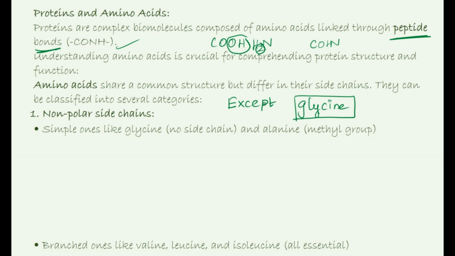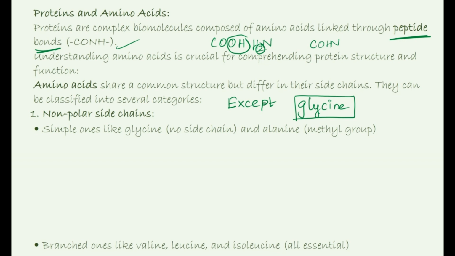All naturally occurring alpha amino acids belong to L form. We talked about L form and D form in our isomers part, right? We talked about it clearly. So, except glycine, all other amino acids are optically active. This is the most important question you can expect from this amino acid part.